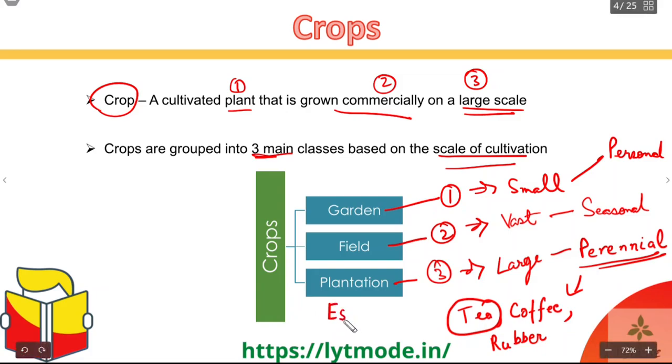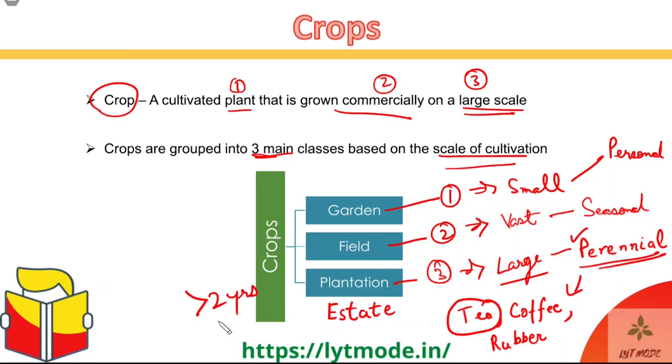Okay, so a plantation is basically a crop which is grown on an estate on a large scale but not a vast scale, and the crops are perennial, which means they have a lifespan of more than 2 years. I'm sorry, not 2 years, but definitely more than 2 years, because 2 years comes for the biennial crops. Okay, so perennial crops more than 2 years, at least. I mean, 3 years, 4 years, 5 years. That's the lifespan of these crops.